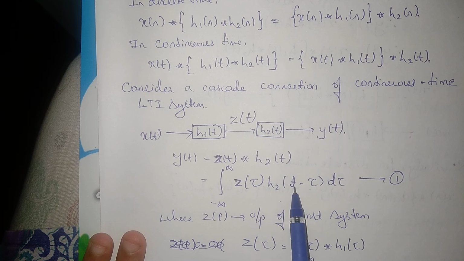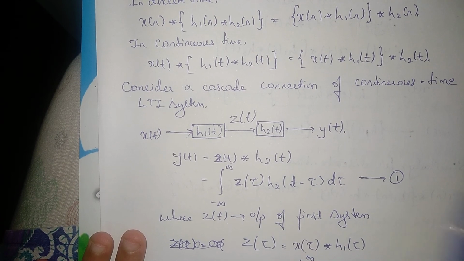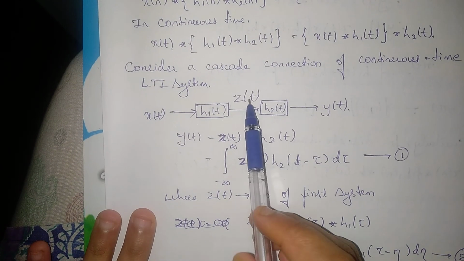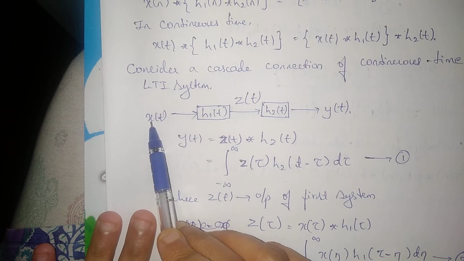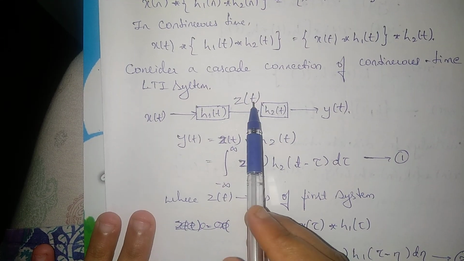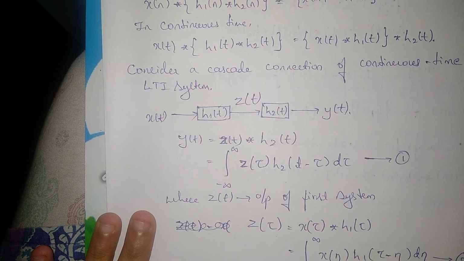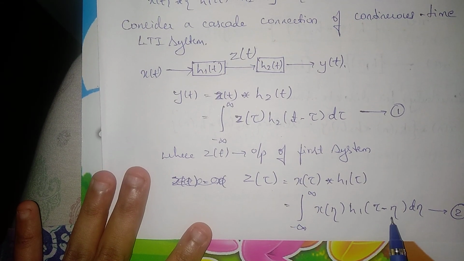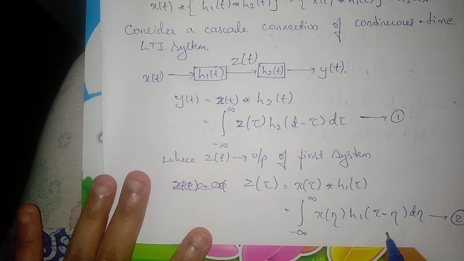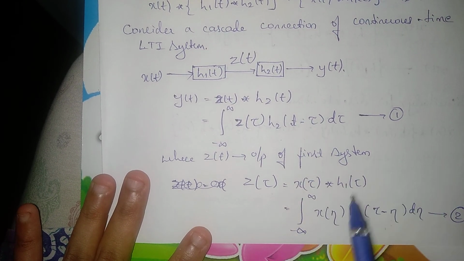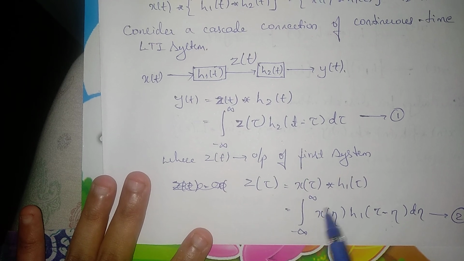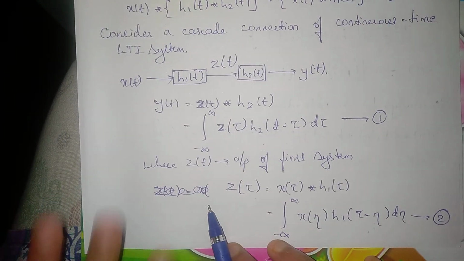If you expand this using the equation, this is equation number 1. For z of t, let's take z of tau, so x of tau, h1 of tau minus eta, I am taking as tau minus eta. So we are substituting this equation 2 in equation 1. Here, in place of z of tau, we must substitute this whole equation.